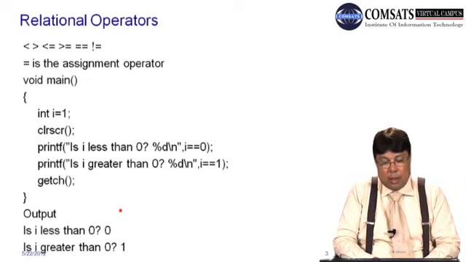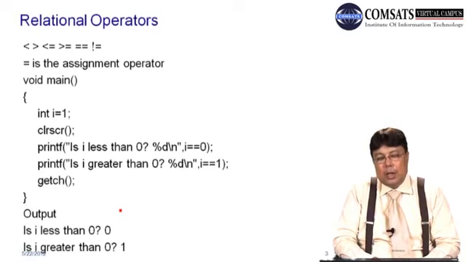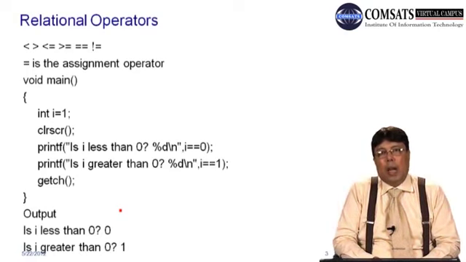First of all, "Is i less than 0?" is a string that will be printed as it is on the console. %d is a format specifier that indicates that integer data is to be printed here, and that integer data should be the first one in the list after this first argument. \n is an escape sequence that represents a new line.